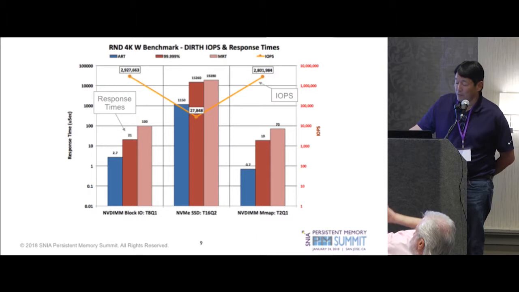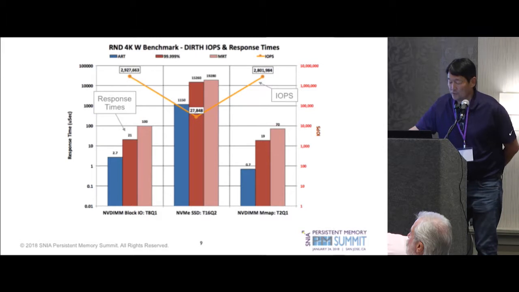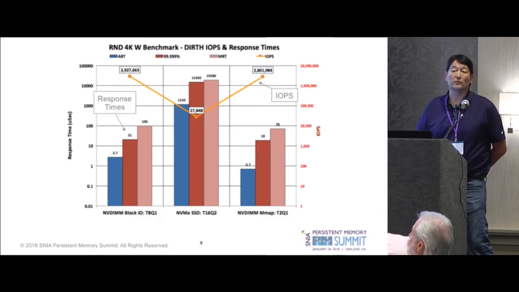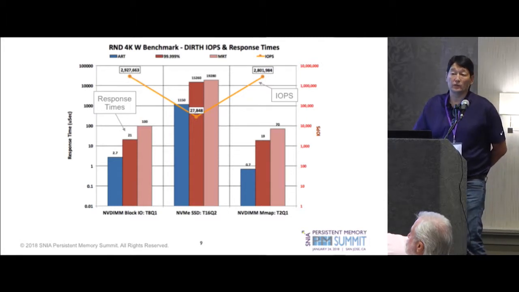And you see a 0.7 average response time and a 29 microsecond 5 nines. And then in the middle is our NVMe SSD friend, 27,000 IOPS and 1,100 microseconds for the average response time.